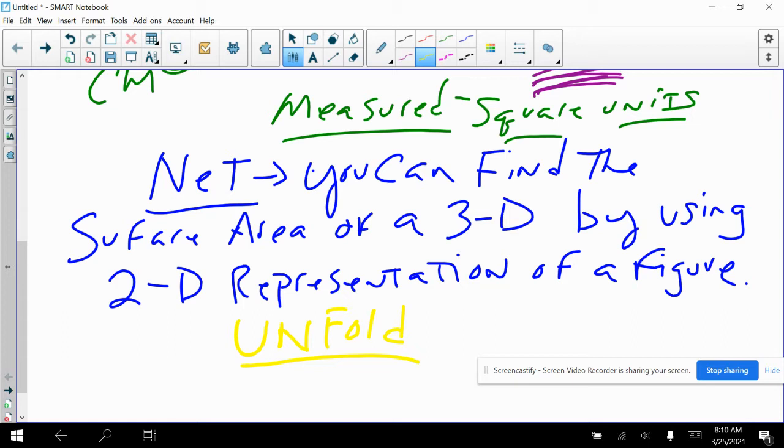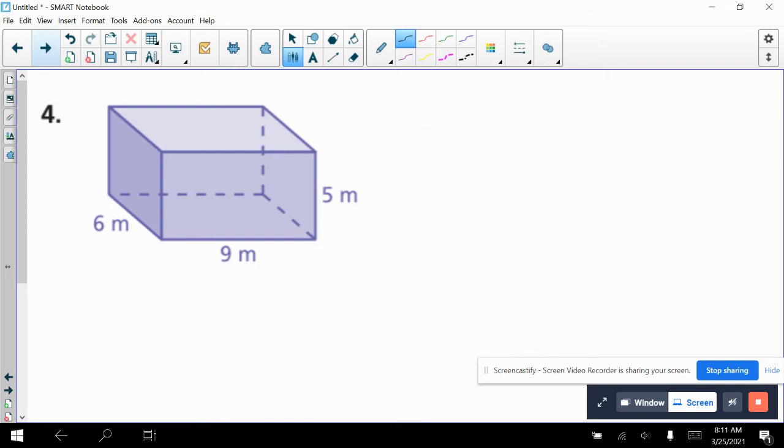All right, everybody good with that? You got that written down? All right, so here's our three-dimensional shape.